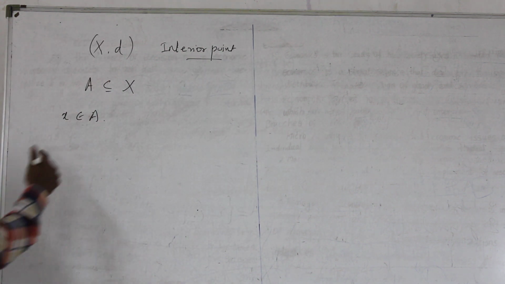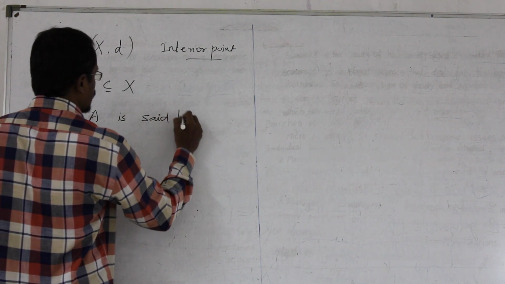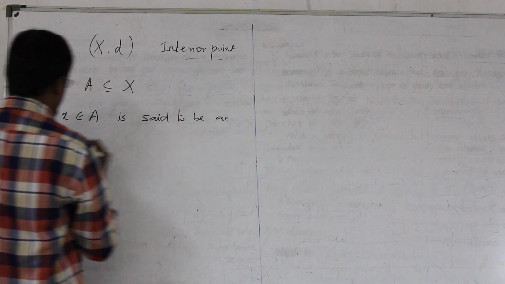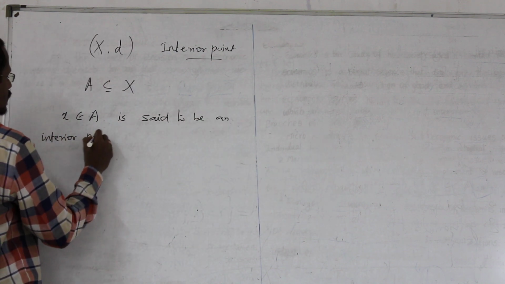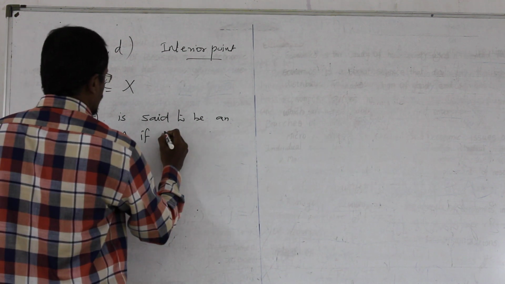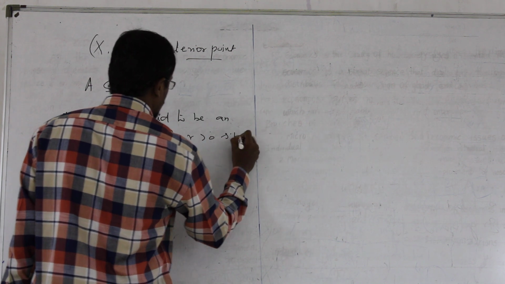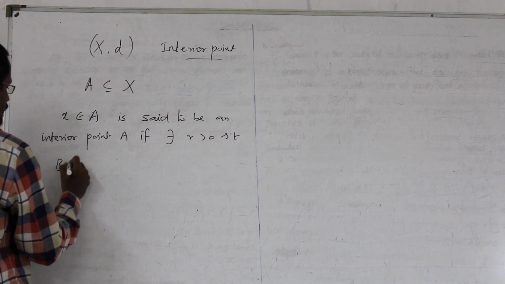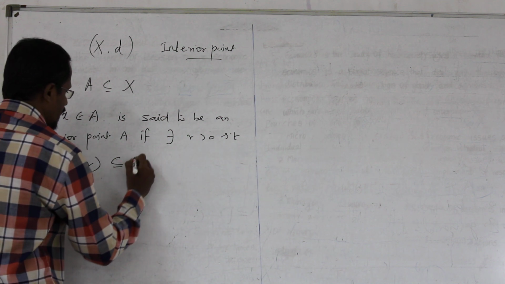So x in A is said to be an interior point of A if there exists r positive such that the ball with center x, radius r is completely contained in A.